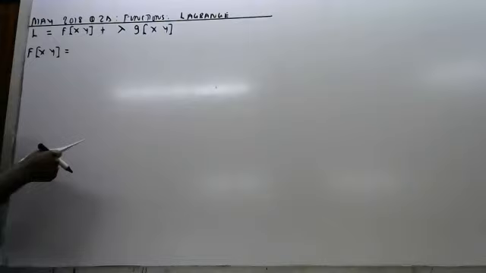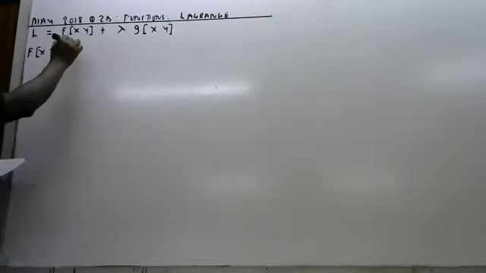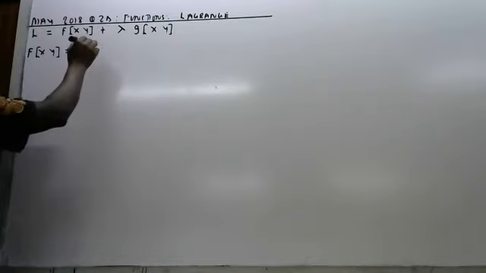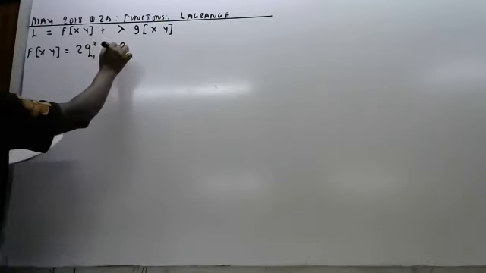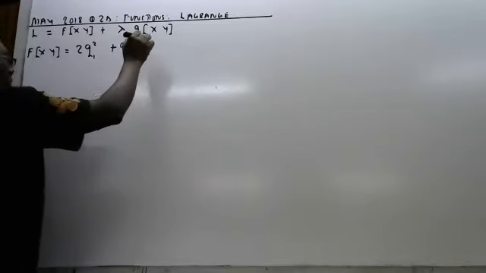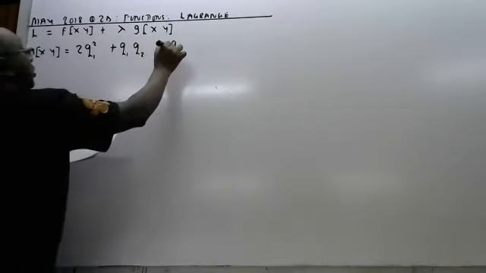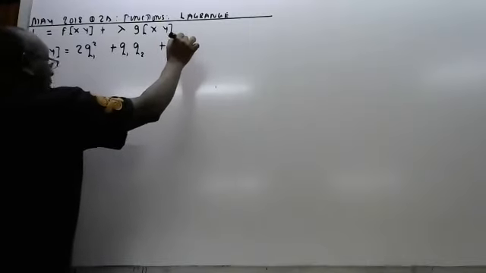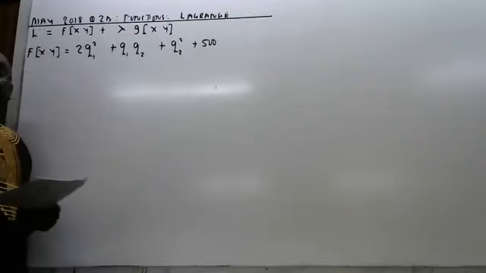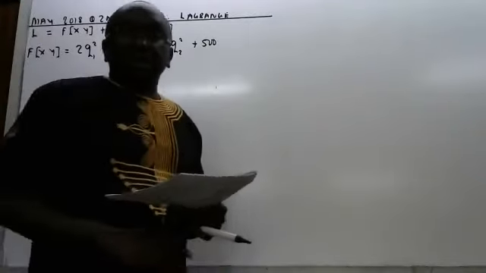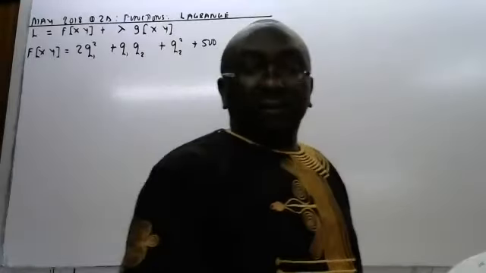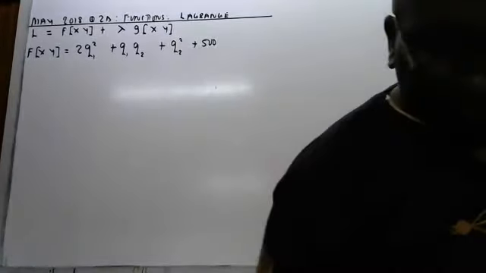So this is the function given as 2q1 squared plus q1 q2 plus q2 squared plus 500. That's the function.